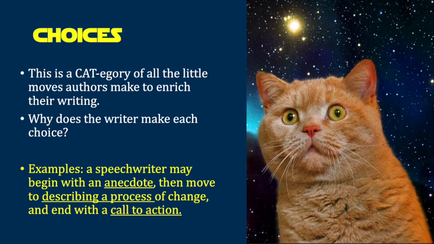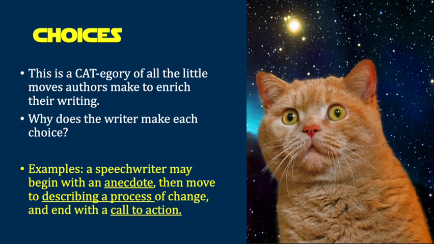All right. So choices is a category of all the little moves authors make to enrich their writing or to enrich their video, depending on what kind of content it is, whether it be a speech, an article, a report. Why does a writer make each choice? Some of the kinds of choices we're referring to here are diction, that's word choice specifically.